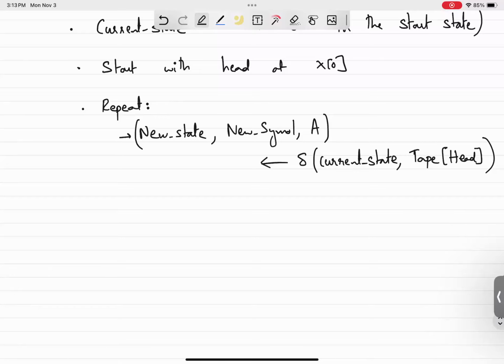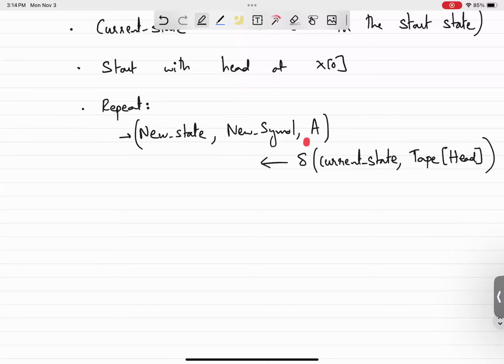Think of it as just notation. The infinite tape is really given to us as a long array. The array can go on to infinity on the right side, right? And head denotes where the head currently is. It's the index of where the head is. So tape of head is whatever you're reading right below the head.